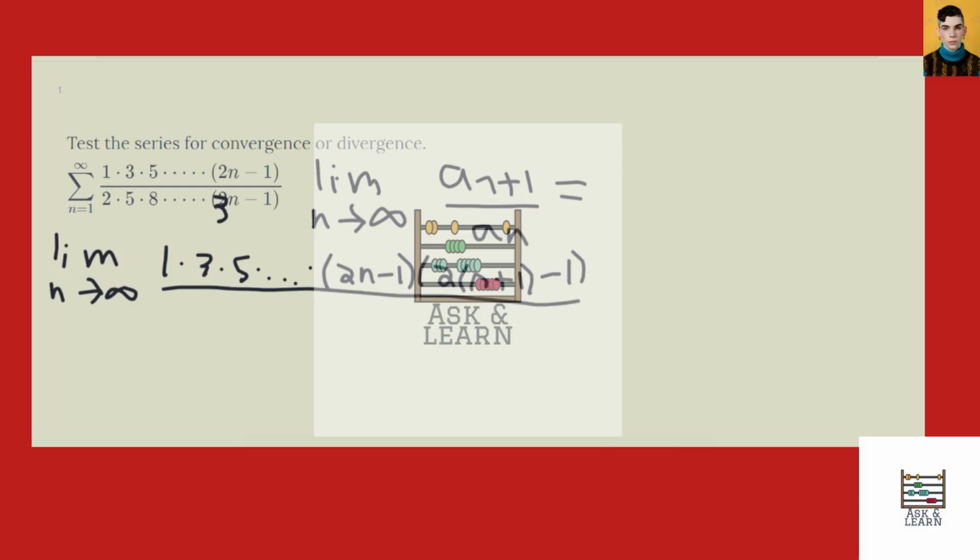And similarly down below, we have 2 times 5 times 8 times ... and then we have times 3n minus 1. And we're looking at a sub n plus 1, so we go one step more than that. So all of this is just our a sub n plus 1.